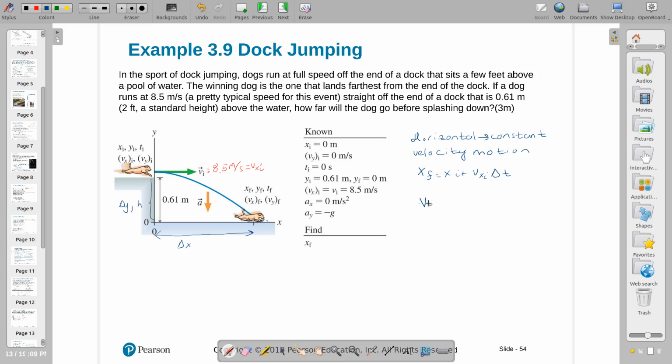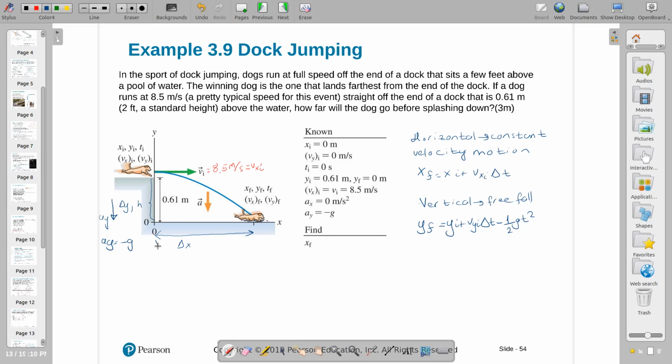And along the vertical we have free fall, and we'll have one equation: y final is equal to y initial plus vy initial delta t minus 1/2 g t squared. Minus here because we have acceleration along y, ay, and ay is always equal to minus g. So we're going to need to find this x final.